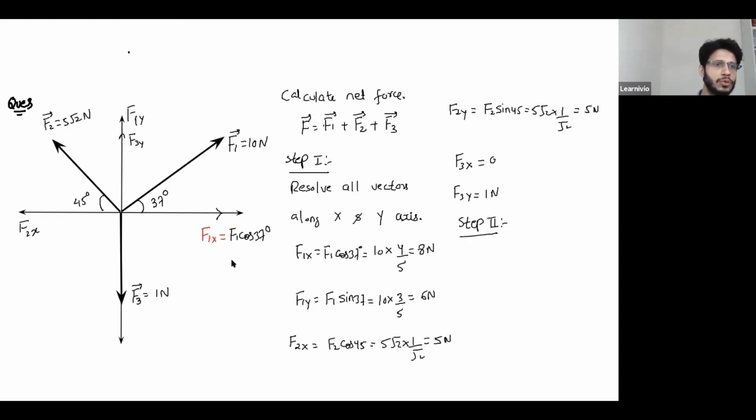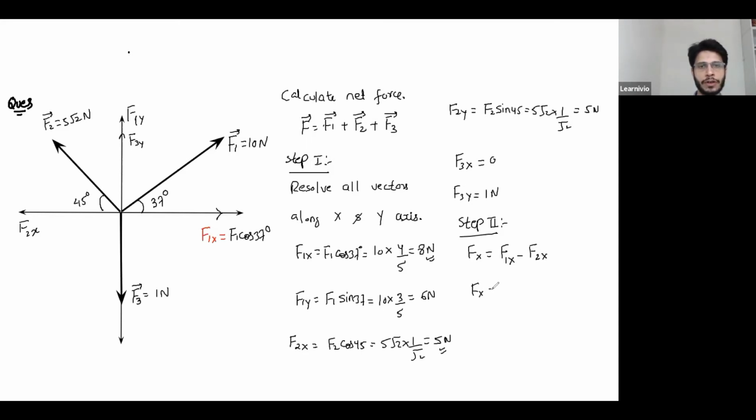The next is step number 2. In step 2, next we can calculate net force along x-axis. See, along x-axis we have two vectors, a vector F1x and a vector F2x. This F1x and F2x are acting in exactly opposite directions. So you can calculate net force along x-axis as the difference of F1x and F2x. We always subtract smaller from greater. So it's F1x minus F2x.